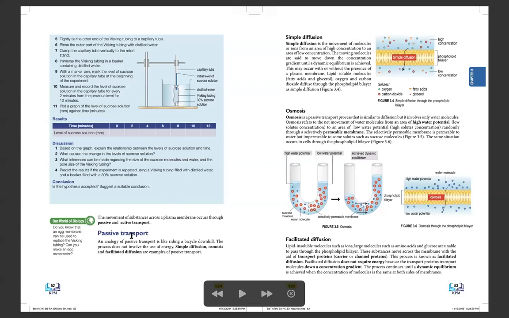Passive transport ni ada tiga jenis. So there are three examples of passive transport. The first one, simple diffusion, then osmosis, and the last one, facilitated diffusion.